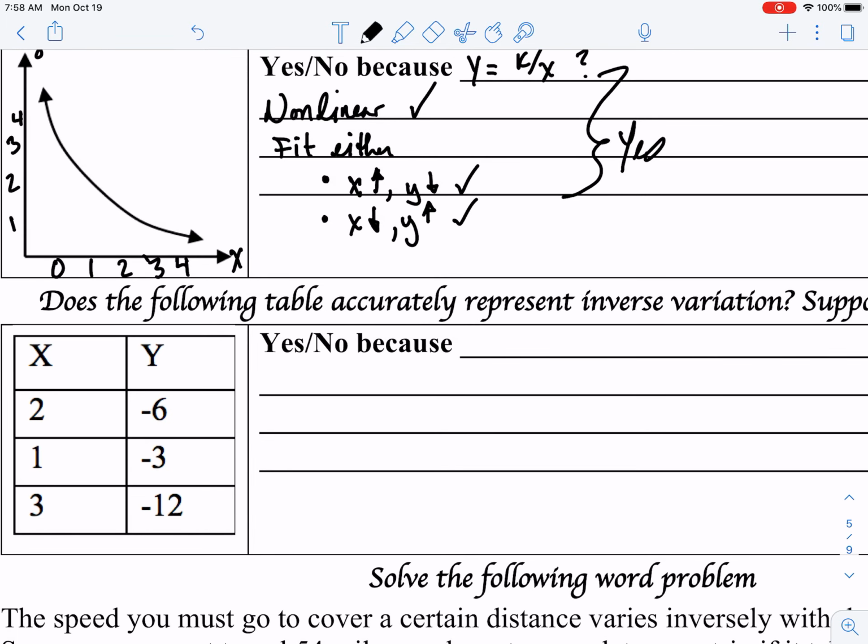If you're given a table or set of points and no equation, remember, you have the formula Y is equal to K over X. Is it nonlinear? And again, does it fit?